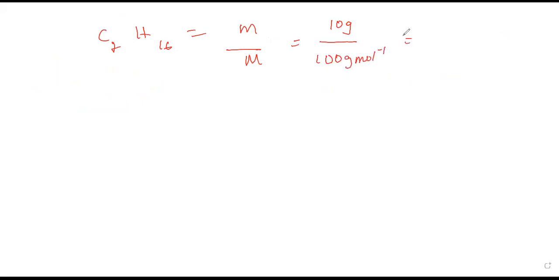So your answer is 0.1 mole. Okay, 1 mole of heptane, C7H16, gives X moles of carbon monoxide. You have to assume it is going to give X moles of carbon monoxide.